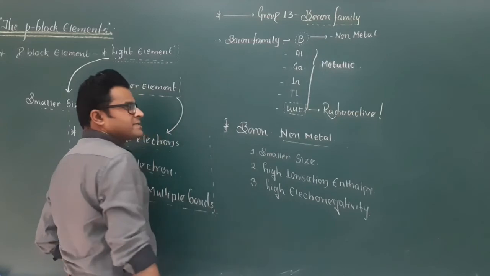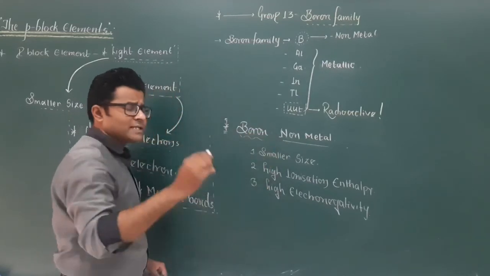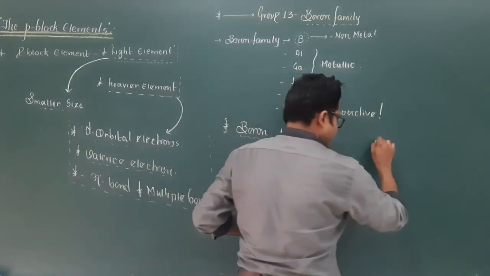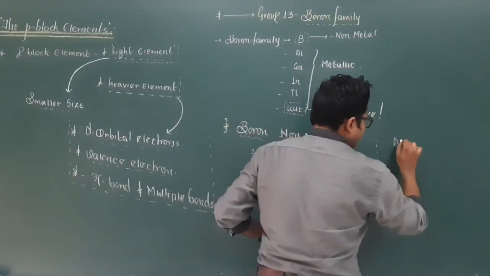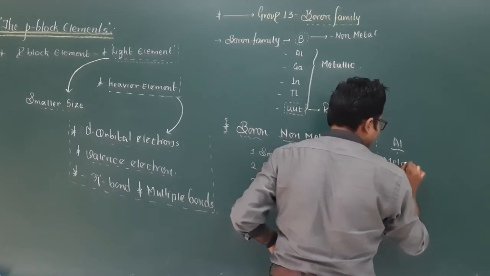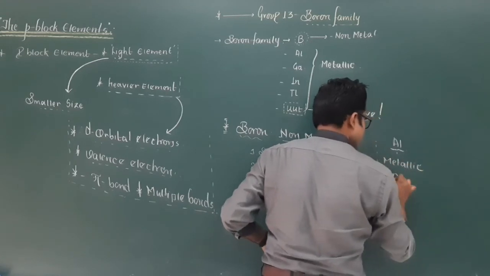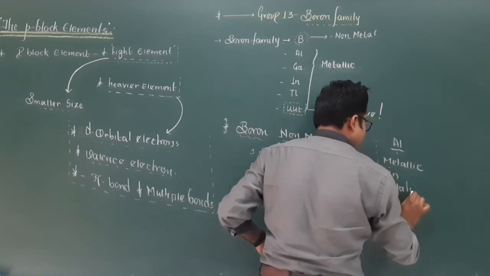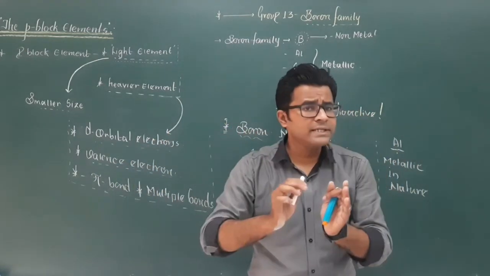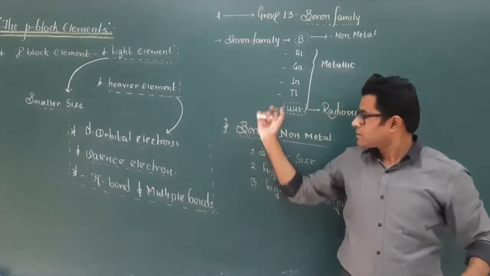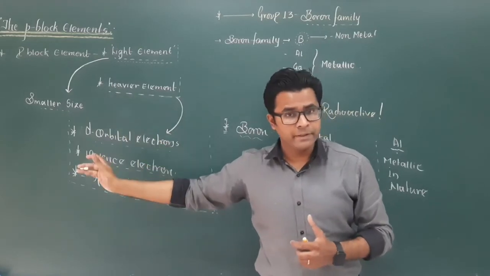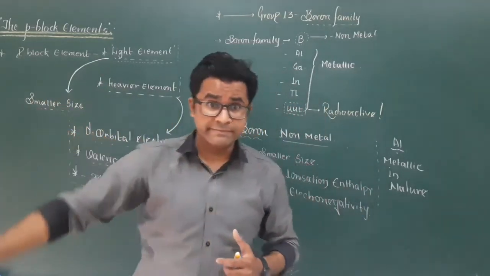Because of these reasons, boron exhibits a non-metallic character. Aluminium, on the other hand, though it is metallic in nature, still exhibits properties which are similar to boron. This is one of the things you need to remember. Let's go for the next one.